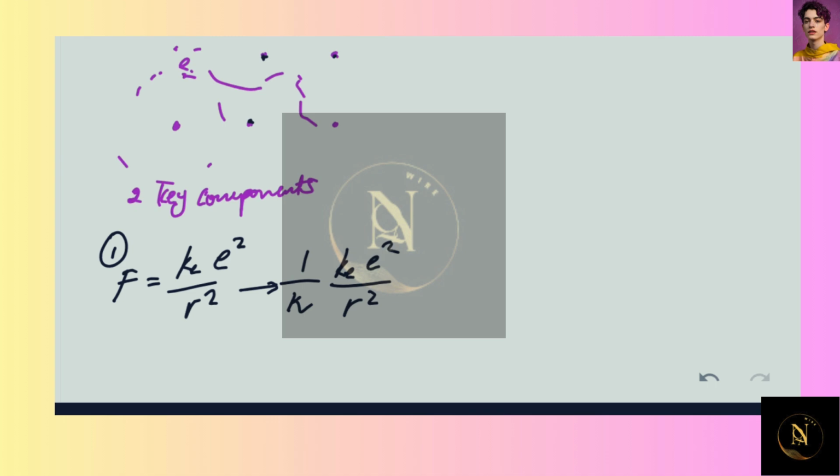And the other component is that the mass of the electron, because of the interactions, can be substituted as an effective mass, m star, due to the influence of the potential of the other nuclei as well.